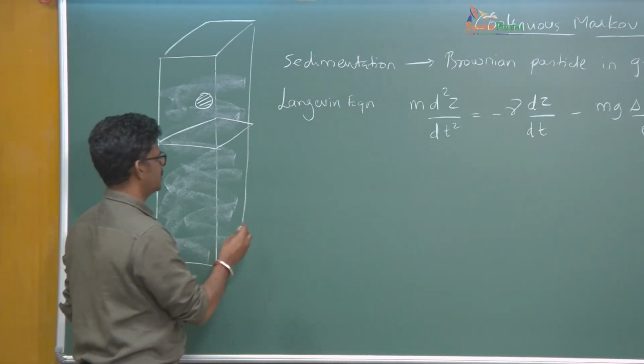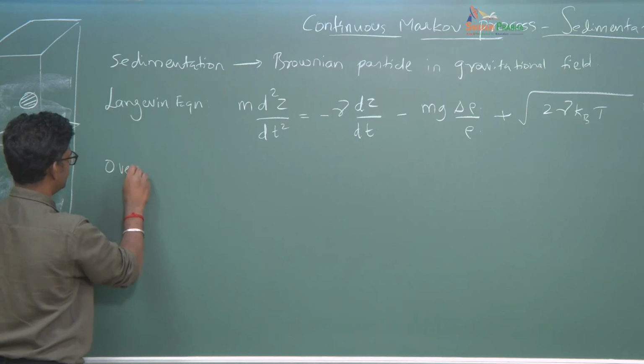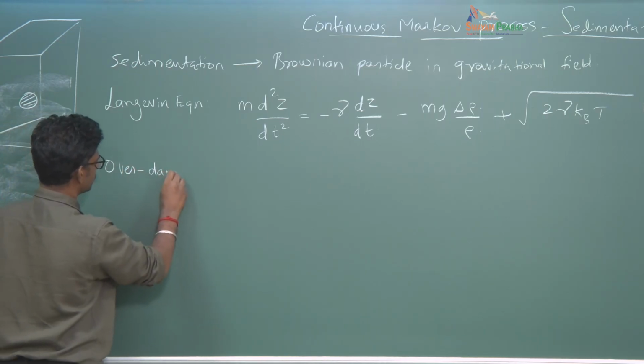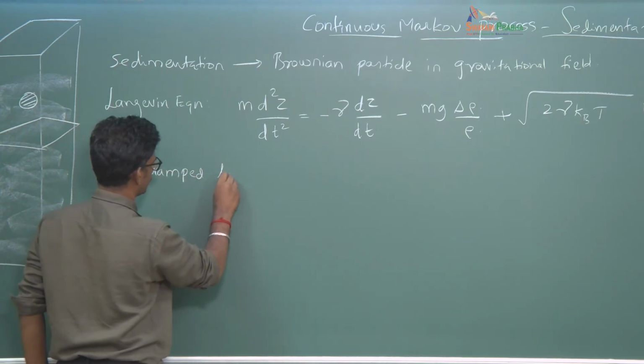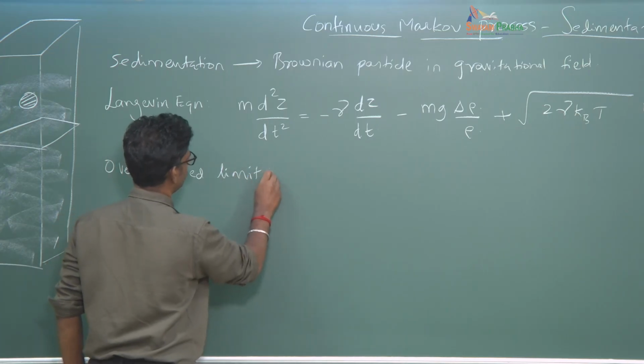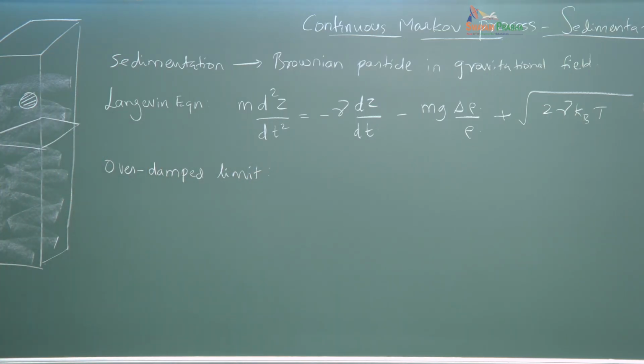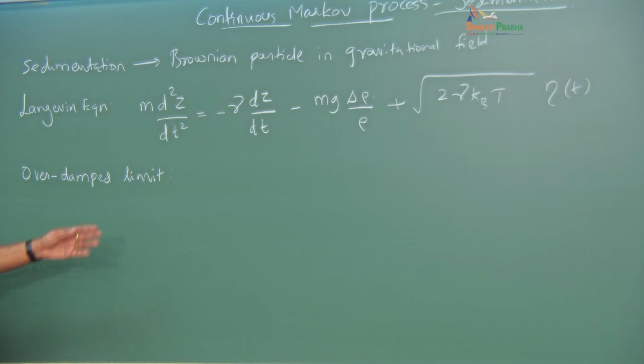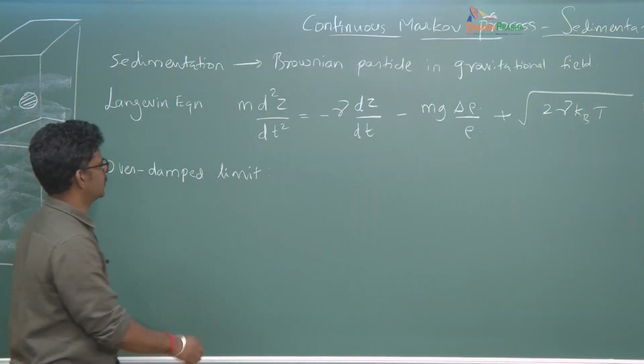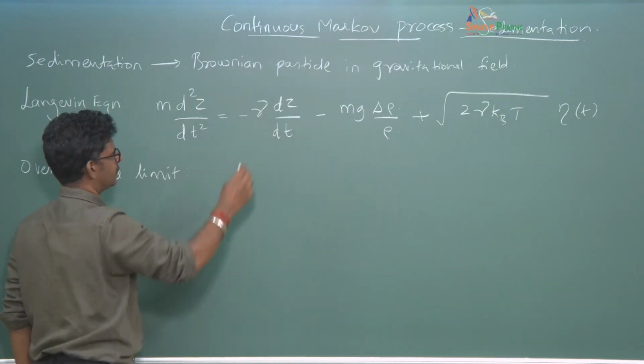So now we look at the overdamped limit, meaning we ignore all the inertial effects. The sum of all these forces has to become 0.